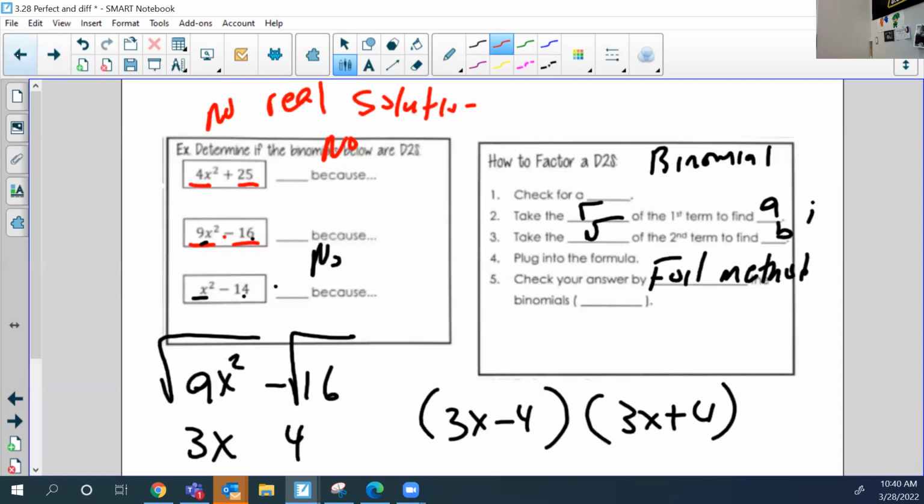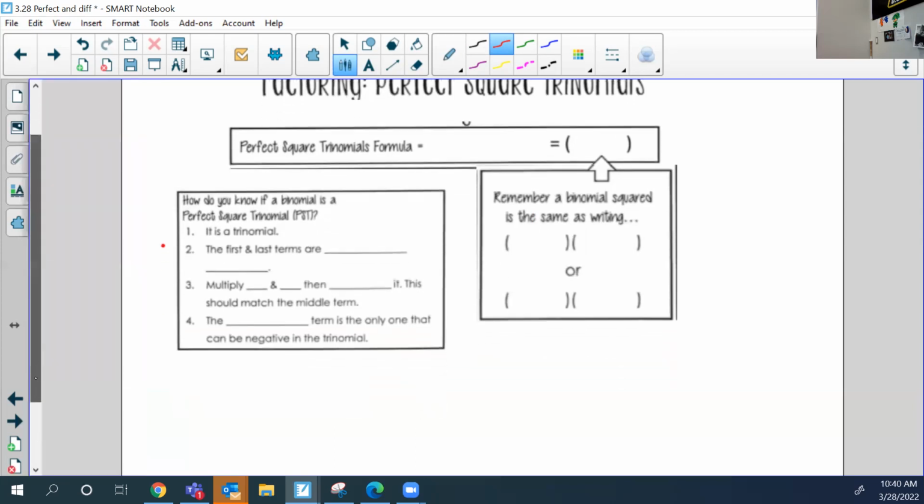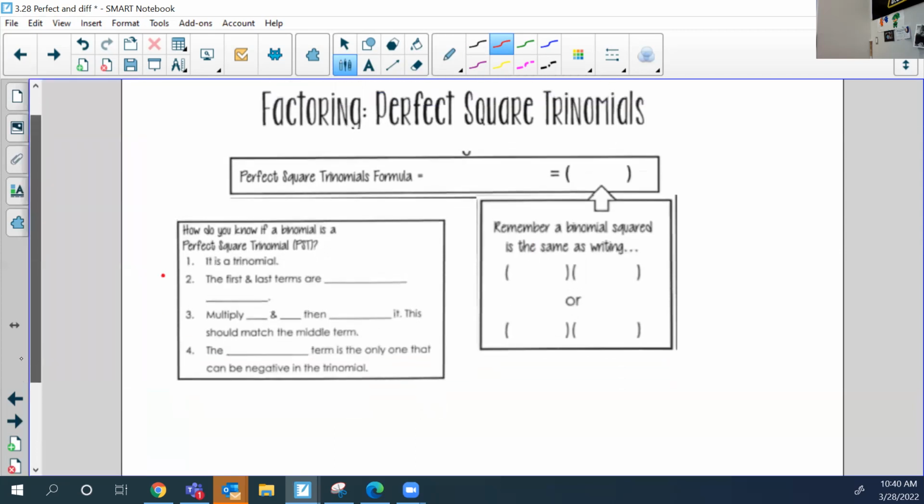Yeah, all right. Let's move on to perfect square trinomials. There are two formulas for this type of polynomial, and I'm going to do an example before I go into the formula itself. I'm going to write out the formula.